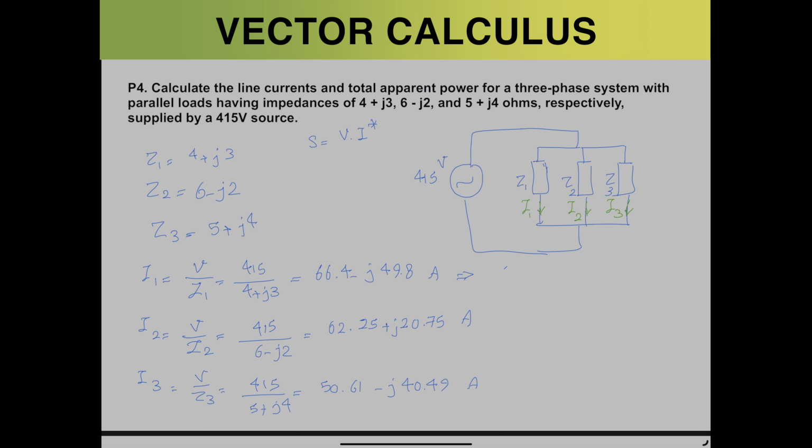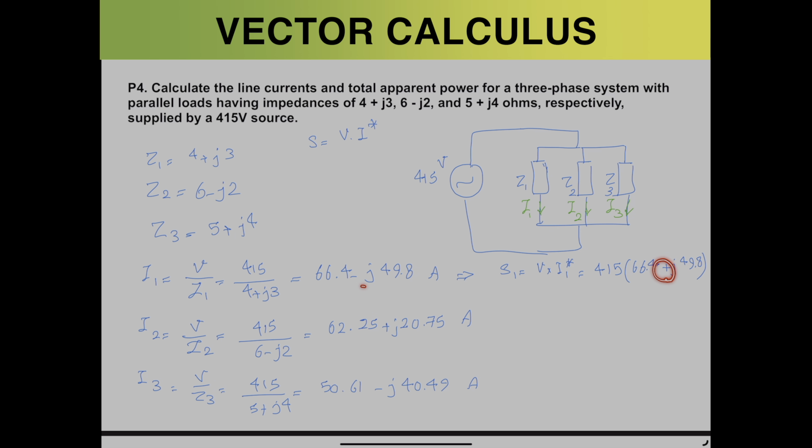And in order to find the apparent power, we need to just multiply. So S1 would be V times I1 conjugate. In order to find a conjugate of a component, we just need to multiply the sign of the imaginary part by a -1, which in our case, the voltage is still 415 times I1 conjugate would be 66.4, and in this case, plus J49.8.